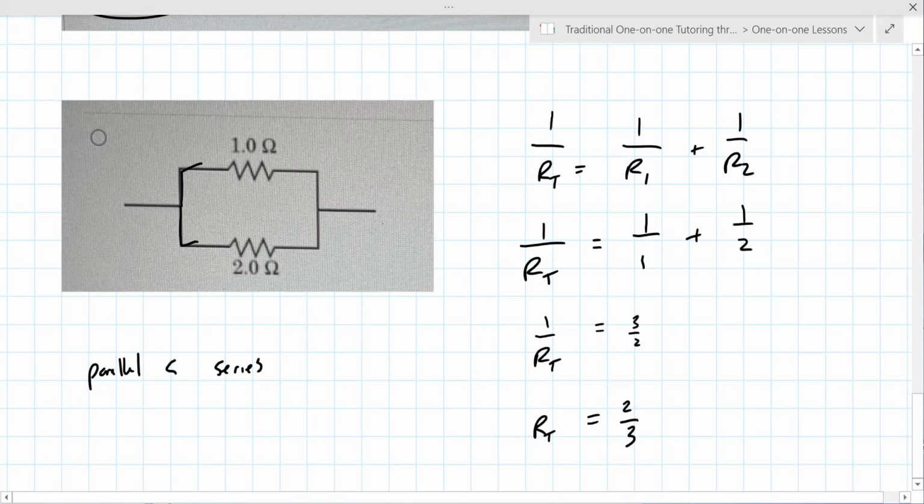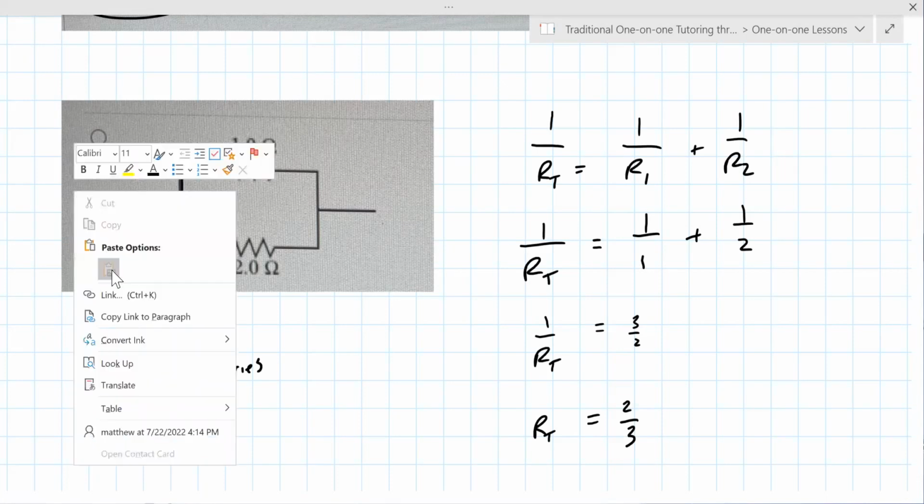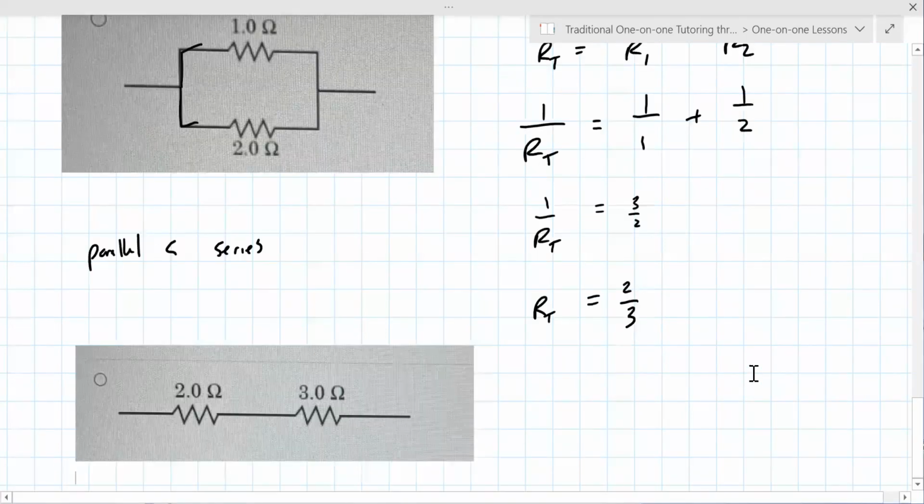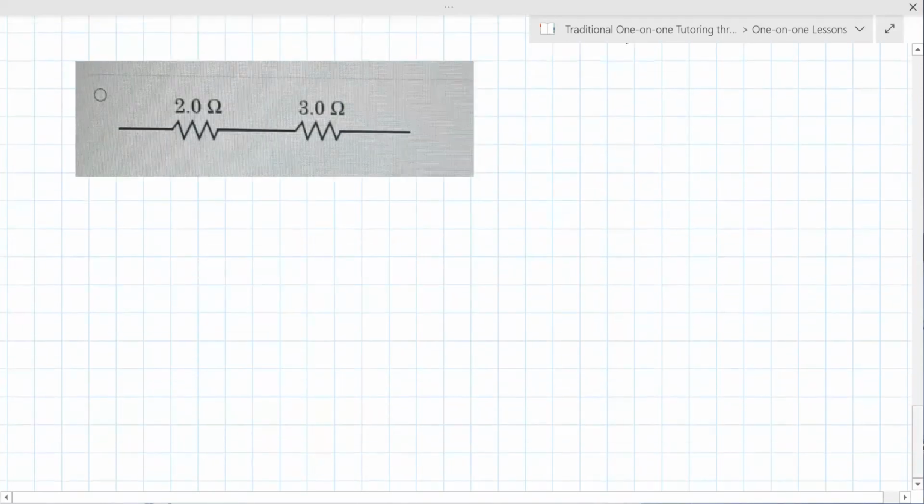The important thing to remember is that parallel is always less than series, except for some weird scenarios. So the total resistance is always going to be less in a parallel. Like when you're looking at the second option, which we can do real quick, the total resistance in the second resistor sequence is 2 plus 3 or 5.